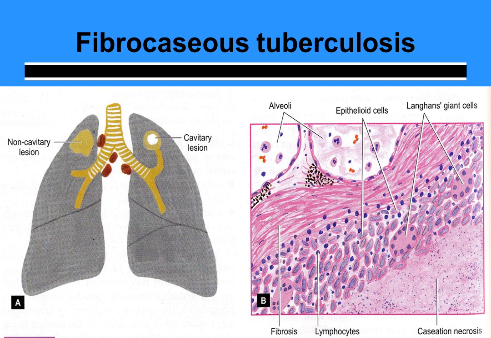If this lesion is connected to the airways, then the central necrotic debris is released into that airway and is coughed out by the patient, and it can form a central cavitatory lesion. So you can see both cavitatory and non-cavitatory lesions in these patients.